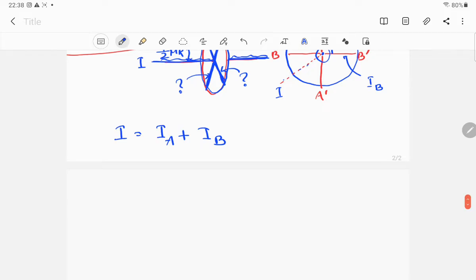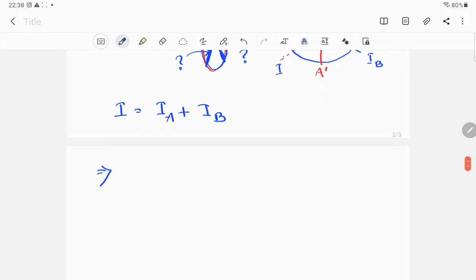But we know that due to symmetry of the circular disc, IA will be equal to IB. So I is basically equal to IA plus IA.